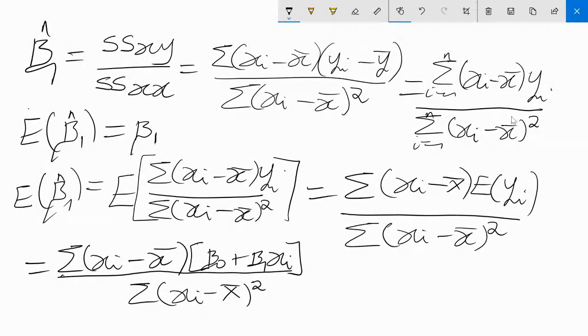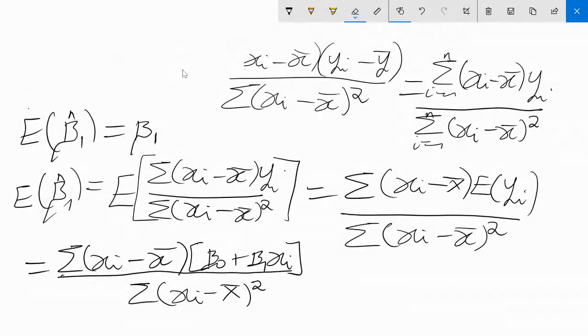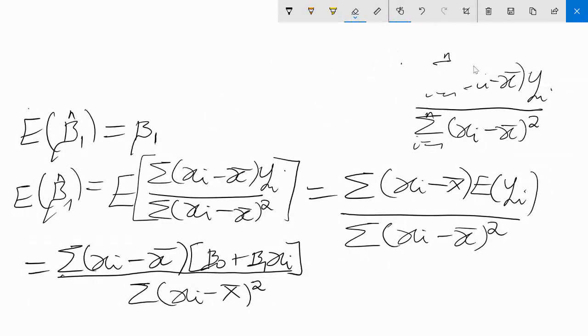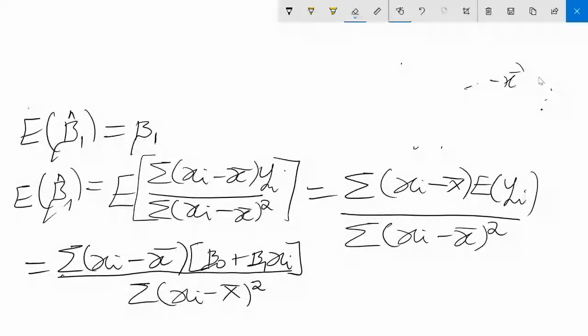Now let me erase the first part so that I can use this part. So now we can expand there. If you look at that expression, in the numerator we have the summation of xi minus x bar multiplied by the constant term, which is beta 0 plus beta 1 xi.